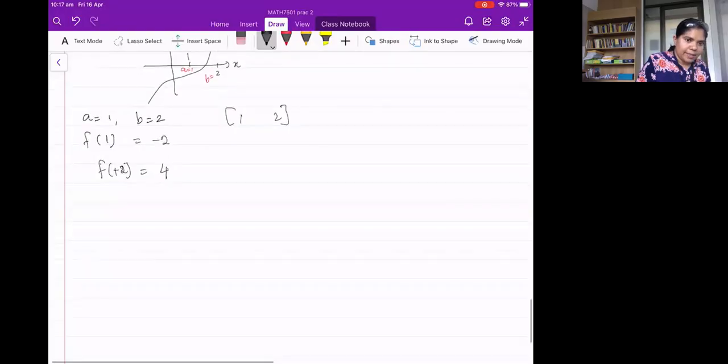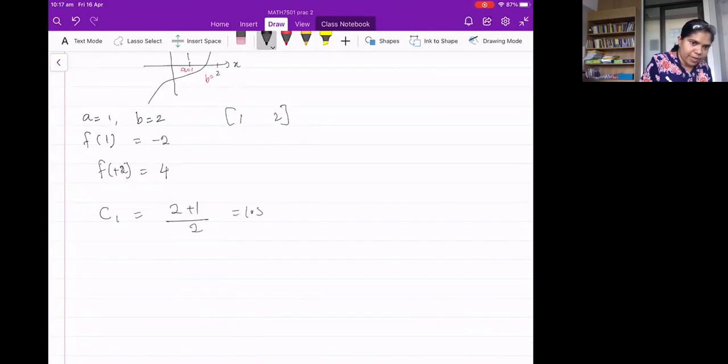Then you would compute the first C. C1 is equal to your interval, that is 2 plus 1 divided by 2, which is 1.5.